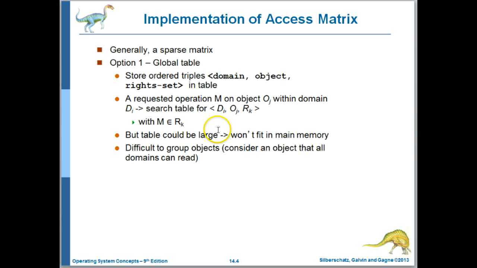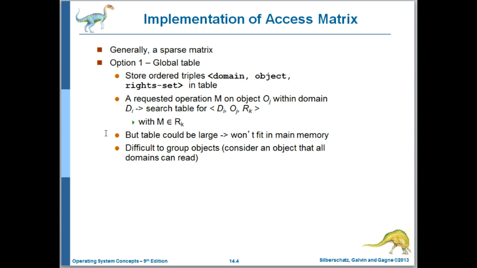So then when a process or user or procedure in domain i is attempting to perform operation M on an object, we search for the ordered triple for that domain and that object and check to see if operation M is in the right set.